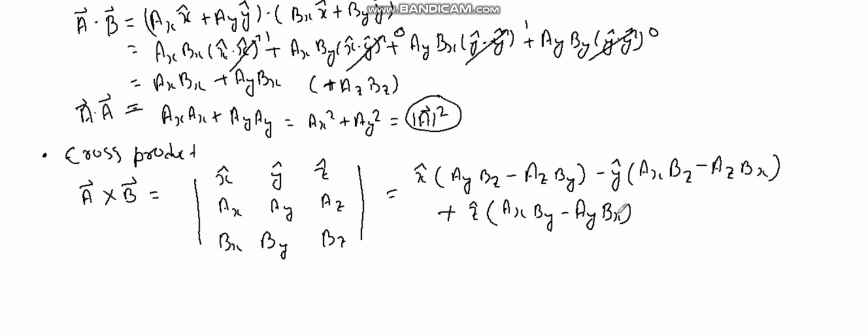This is the final vector, maybe vector c, and this is cx, the x component of the final vector c. This is cy and this is cz.